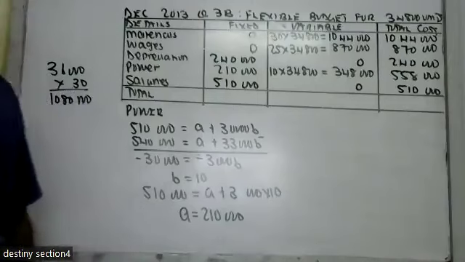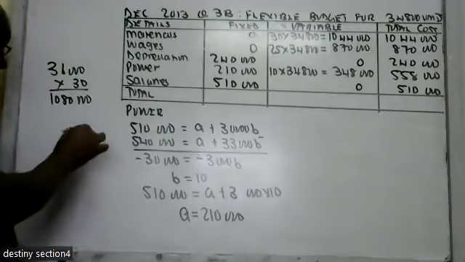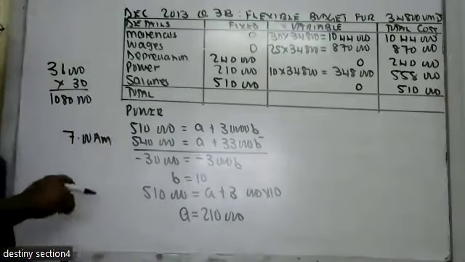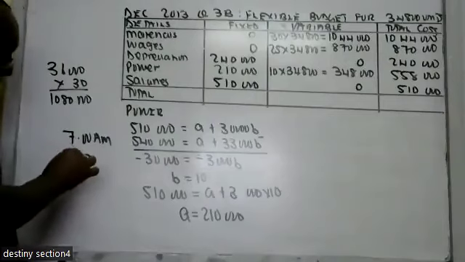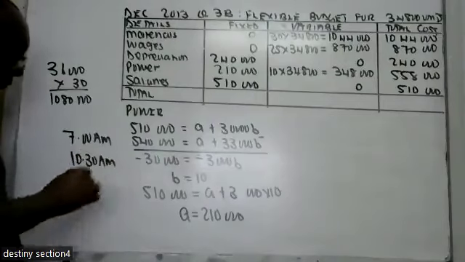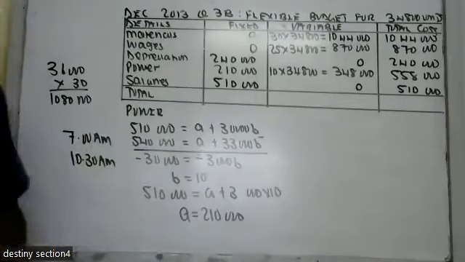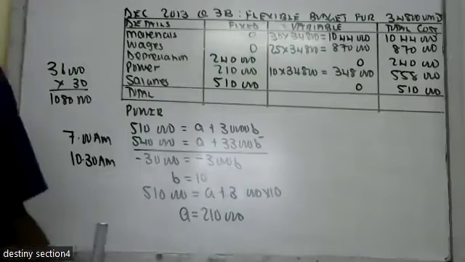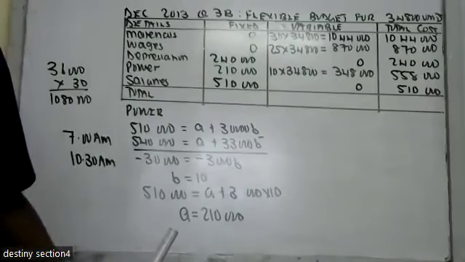So let's start our class tomorrow at 7 a.m. and we hope to finish at 10:30 a.m. or 10. So tutafanya cash budget na tuingie variances. So by Monday we should be done with this.